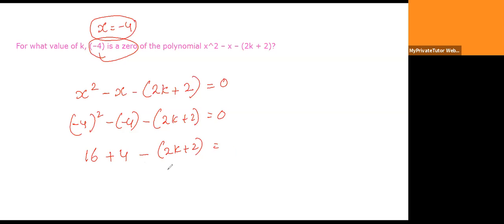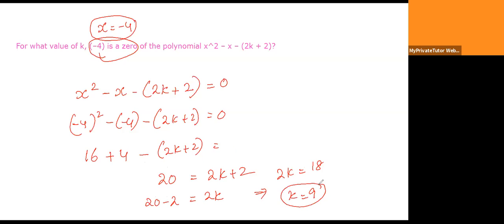Minus of 2k plus 2 becomes a plus. So 20 equals 2k plus 2. 20 minus 2 becomes 18, equals 2k, and the k value is 9.